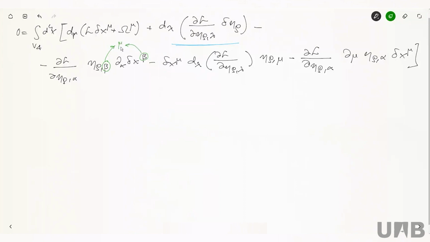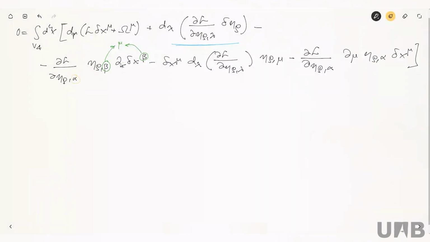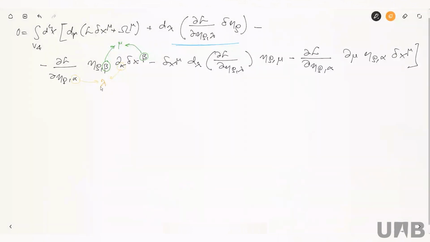Another change is that this alpha and this alpha are going to become lambda, and the same thing here: this one and this one are going to become lambda as well.